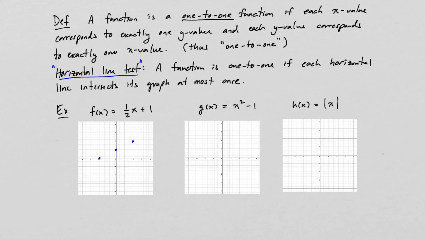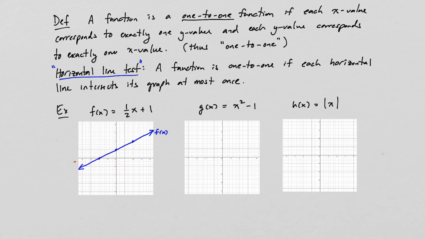I'm not going to go through and remind you all about how to graph lines, but this is what f of x will look like. Notice that this function is one-to-one, because if you imagine drawing horizontal lines, every horizontal line that you could possibly draw is only going to hit that graph one time.